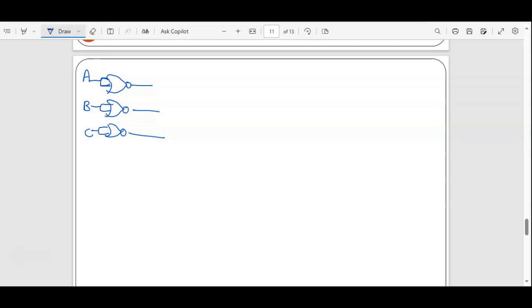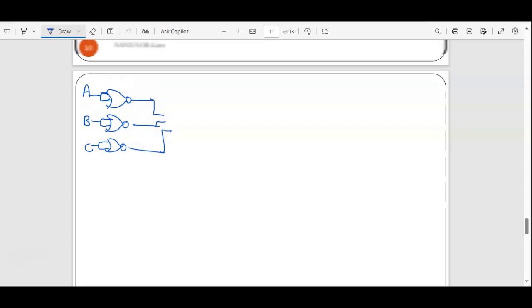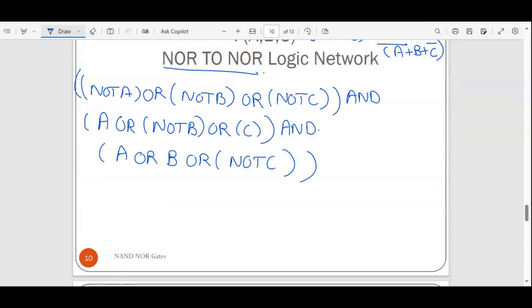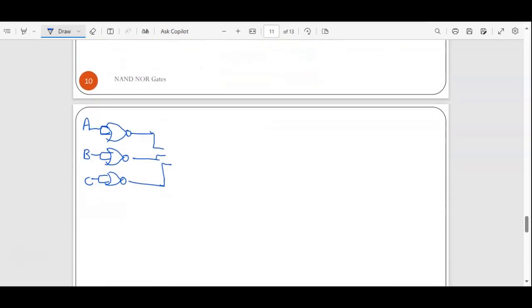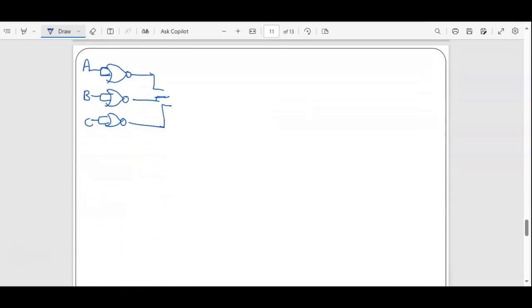Okay, so this is done, and all the three are connecting how? They are just using one AND gate in between. So that AND gate you have to replace with NOR gate, right? So I'm now drawing a NOR gate here, and this will give you A bar plus B bar plus C bar, and this will give you whole bar.